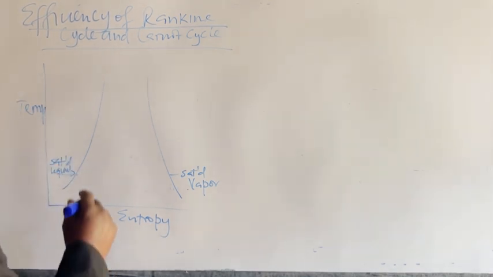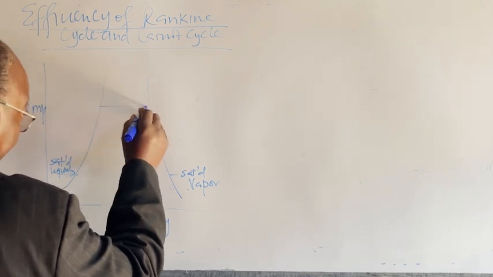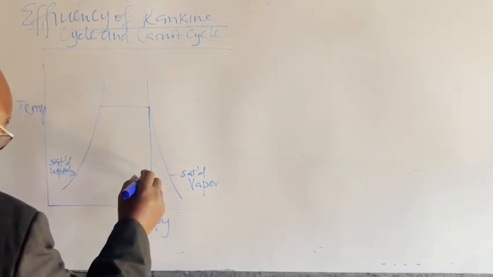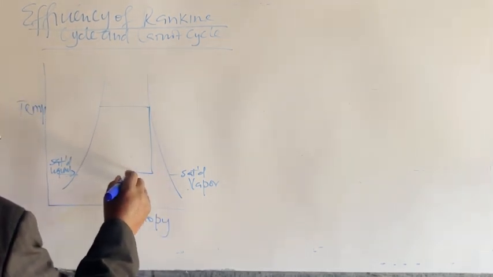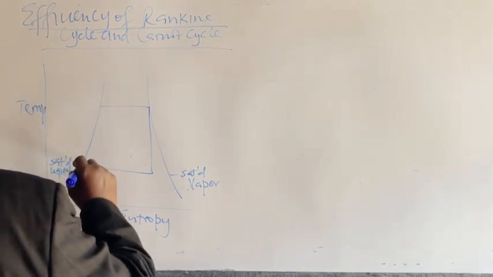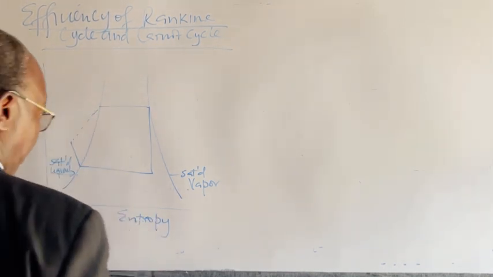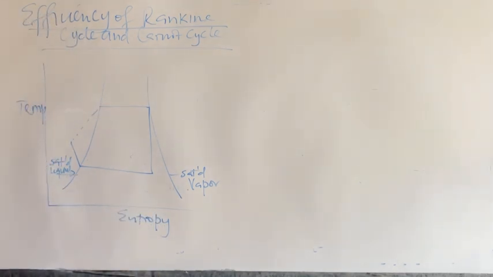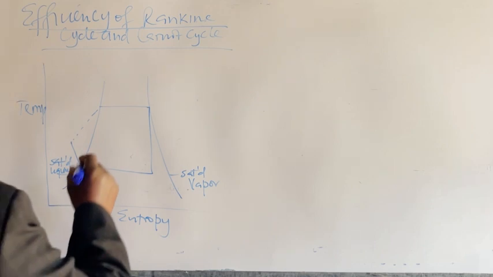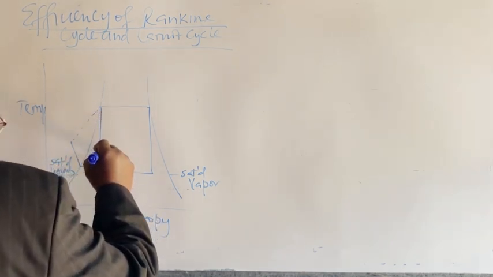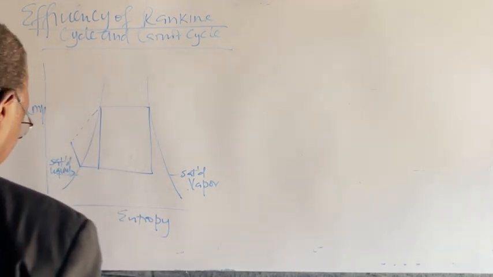So in the Rankine axis, for the Carnot cycle, we can have that kind of a profile, or we can also have that kind of a profile.